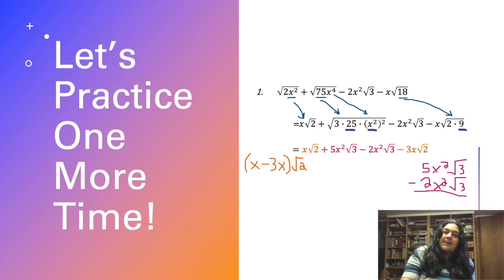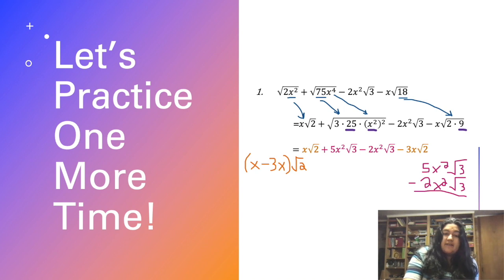So what is x minus 3x? Remember, you do need to keep your x's. You're just looking at the coefficients of that. So it's 1 minus 3, which is going to be negative 2x times the square root of 2.